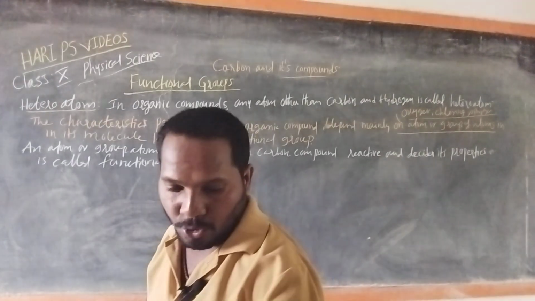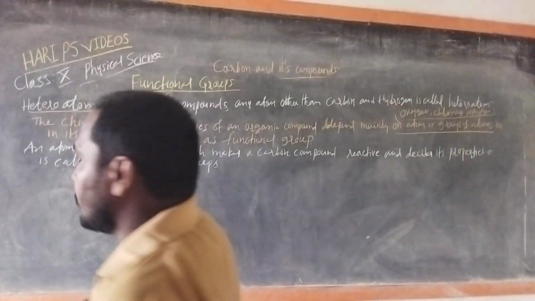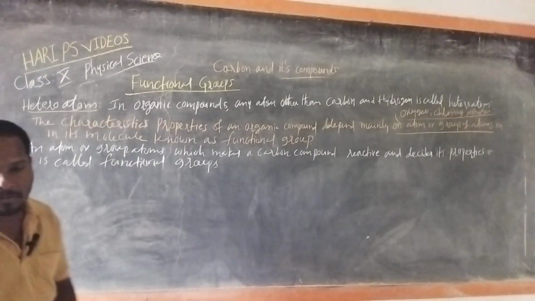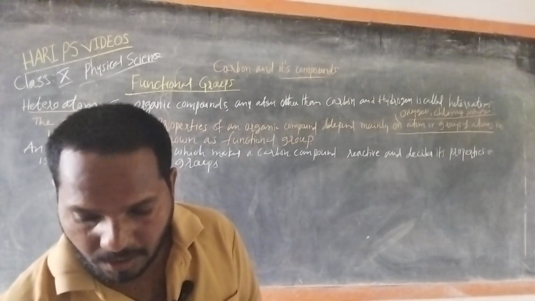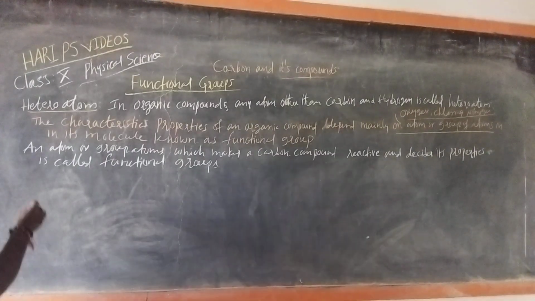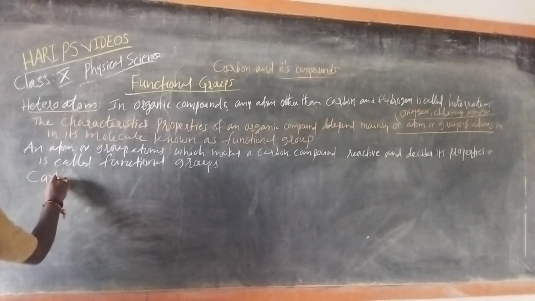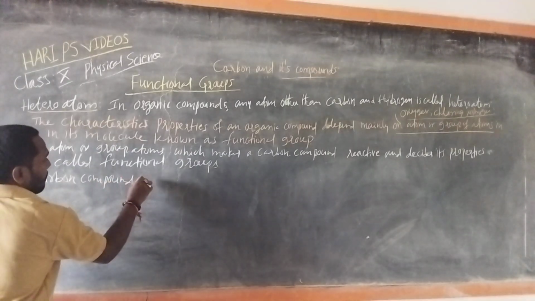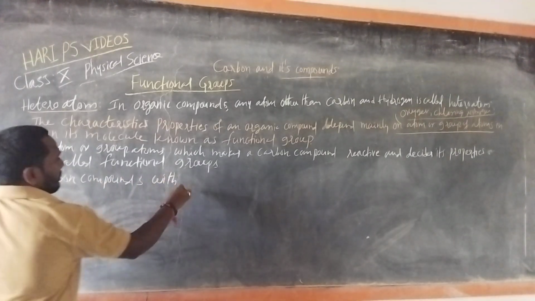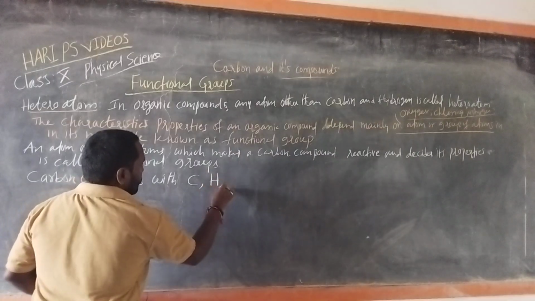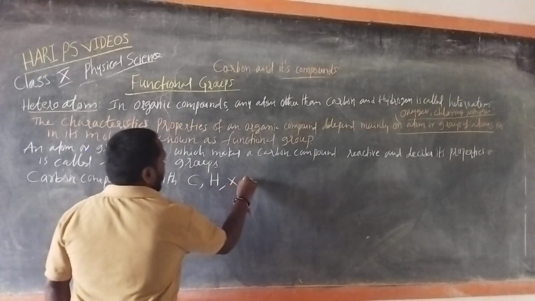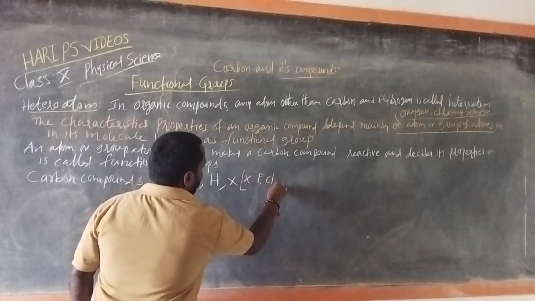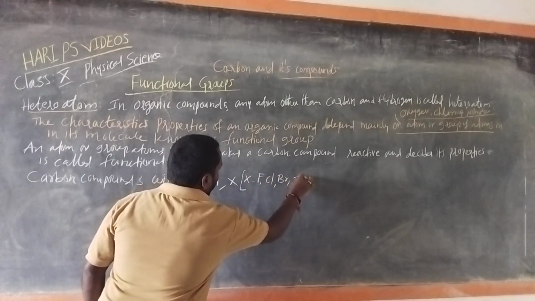Different kinds of functional groups are there. Carbon compounds with carbon, hydrogen, X. Here X is equal to fluorine, chlorine, bromine, iodine.